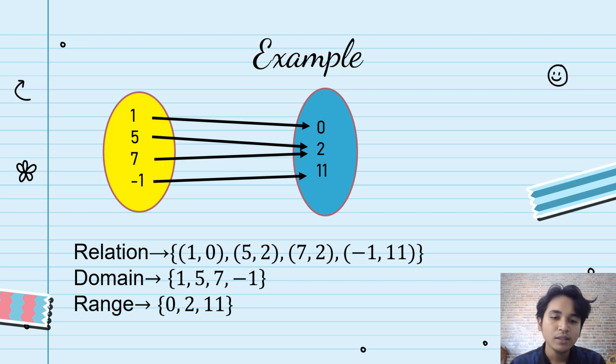The domain is the yellow circle, the set {1, 5, 7, -1}. The range or codomain is {0, 2, 11}.